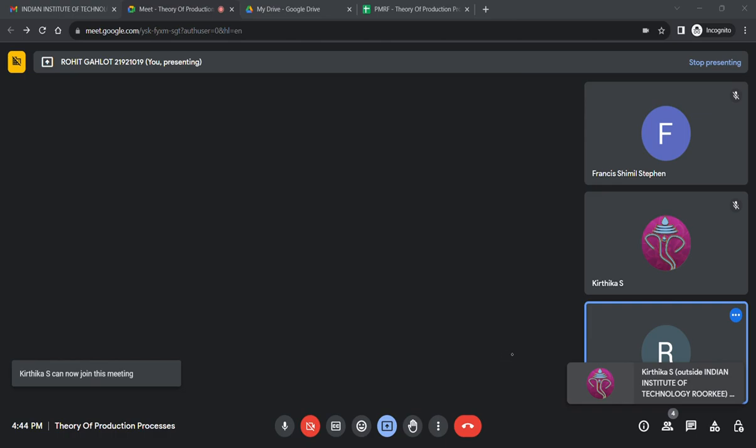It can further be written as 1.2 times the volume of the casting, which is 300 times 300, over the area of the cube, so 2 times LB plus BH plus HL. When you solve this, you will get dia as 216 mm.